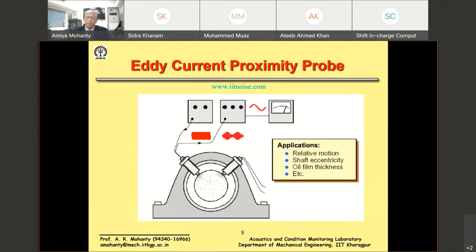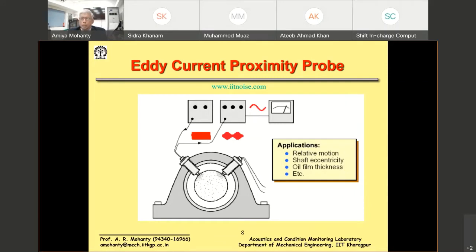But at the same time, again in the 1940s, Mr. Bentley of Bentley Nevada found that by putting a non-contacting eddy current probe, and if there is a radial play in the shaft of a turbine, and if I plot x versus y between these two transducers which are 90 degrees to each other, I will get different shapes depending on the radial displacement, which are known as orbits.